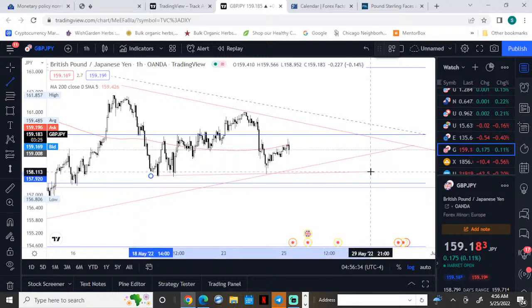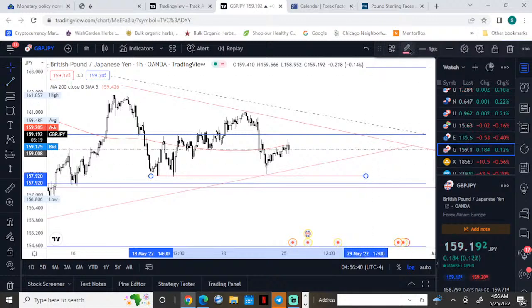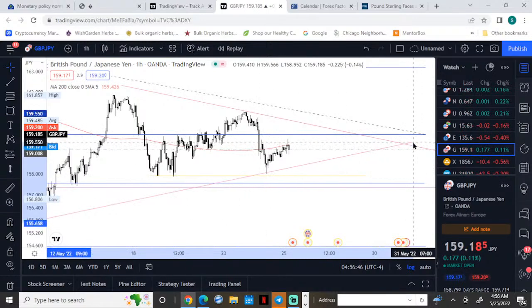I got 3 touches. Well, two definite touches and an almost touch. And let me fix this trend line. There we go.